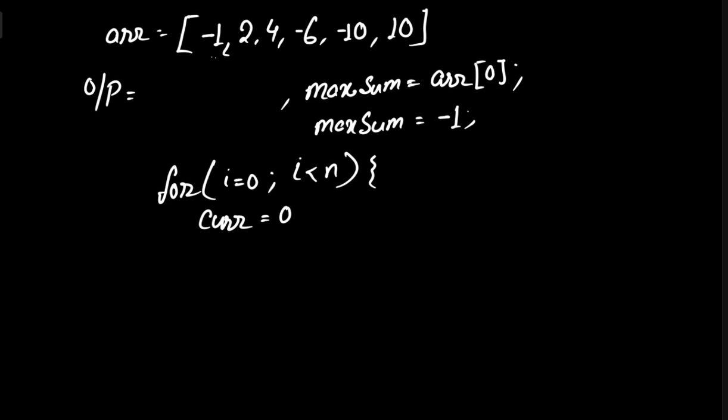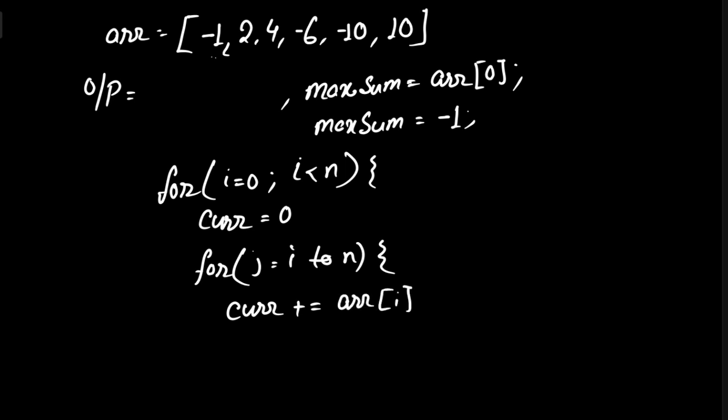In the inner loop there will be j equal to i to n, and the current value will be updated every time with array of j, and then max sum will be compared. Max sum is equal to max of current and max sum.